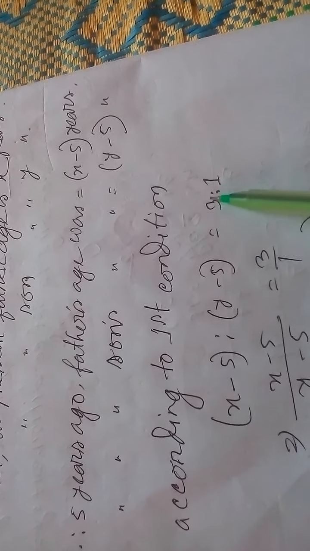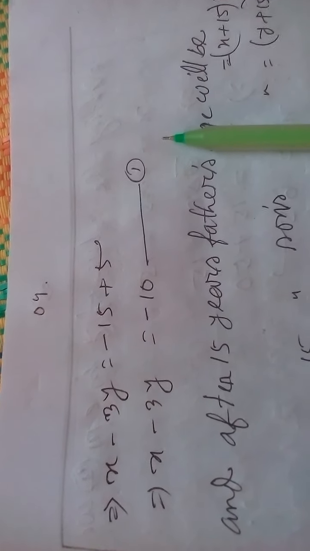According to the first condition, x minus 5 is to y minus 5 equals 3 is to 1. So by calculating we get x minus 3y equals minus 10. We can denote it equation 1.